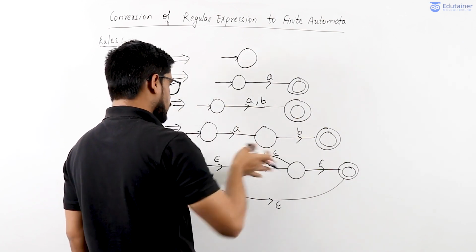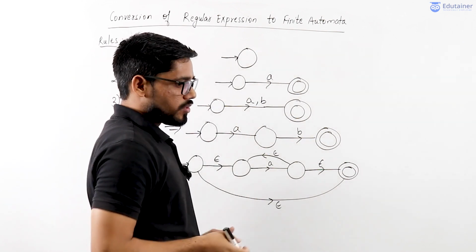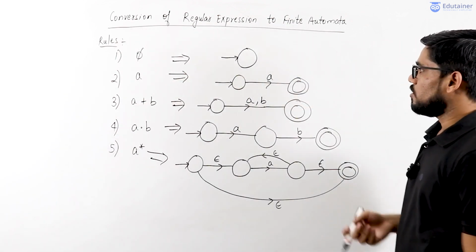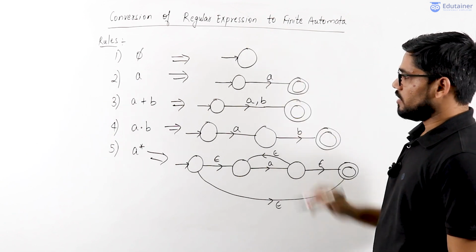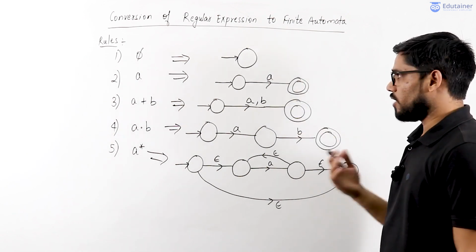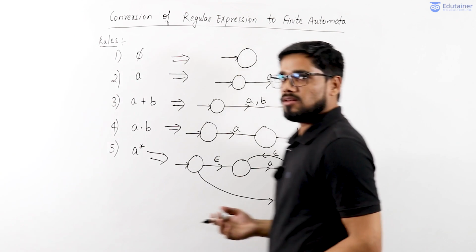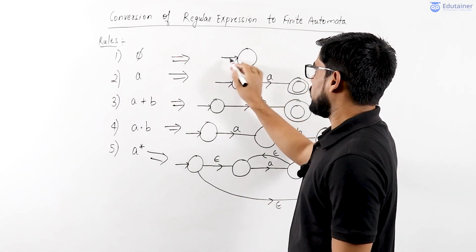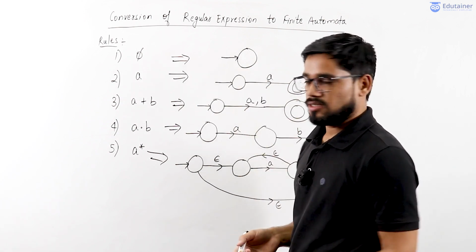So in the conversion process, we will just use a state creation method. State creation method means we create a state for every regular expression or for every symbol present in the regular expression. So if phi is present, then it will be represented by a state called the initial state.